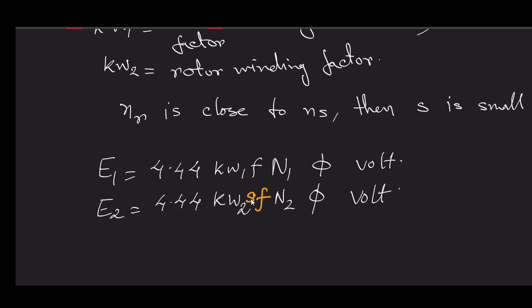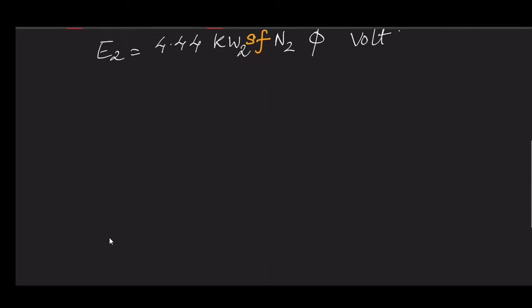We will discuss it later, but my purpose of discussing this is that you don't need to be very cautious about selecting KW2. The effort required to select KW1 is very important, but not KW2. Rather, skewing of the rotor bars can always help you to a great extent.